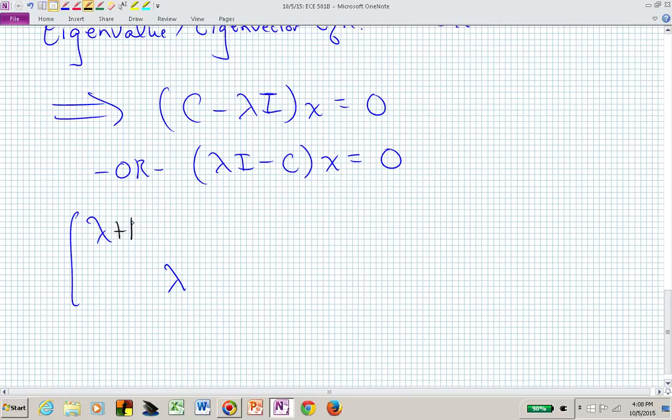And subtracting c, we end up with +1 on the diagonal, and then we have a -2 and a 2. Now let me explicitly identify the components of my vector x.